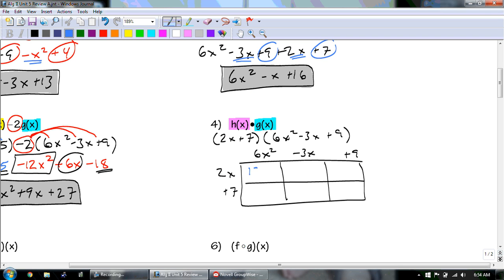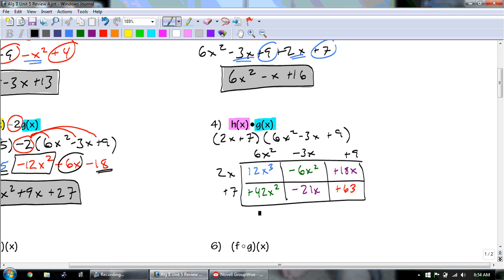2 times 6 is 12, and then we add the exponents. 2x times negative 3x is a negative 6x squared. 2x times 9 is 18x. 7 times 6 is a positive 42x squared. 7 times negative 3 is negative 21x. And then 7 times 9 is a positive 63.